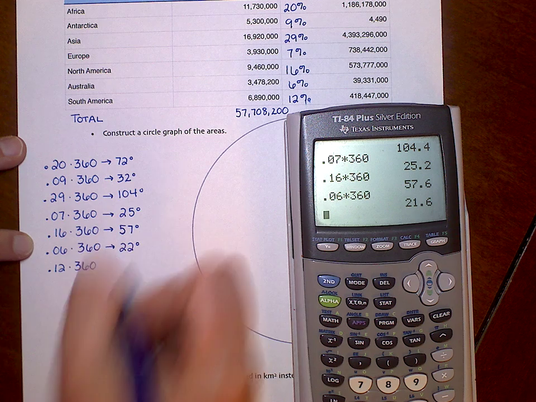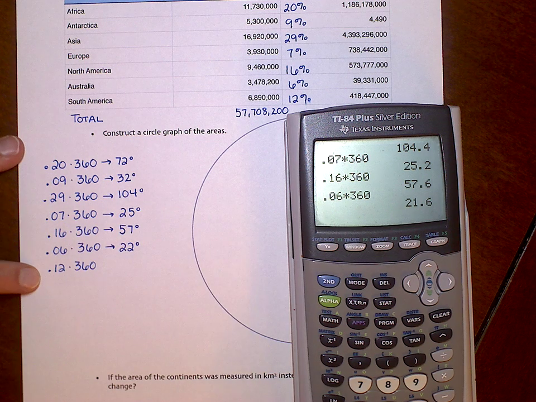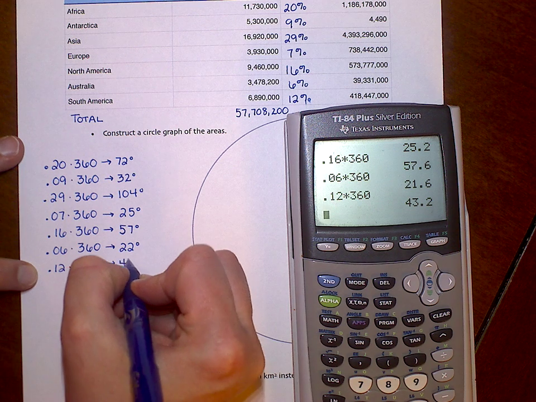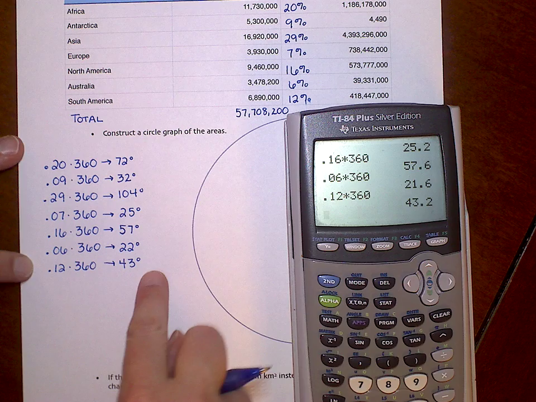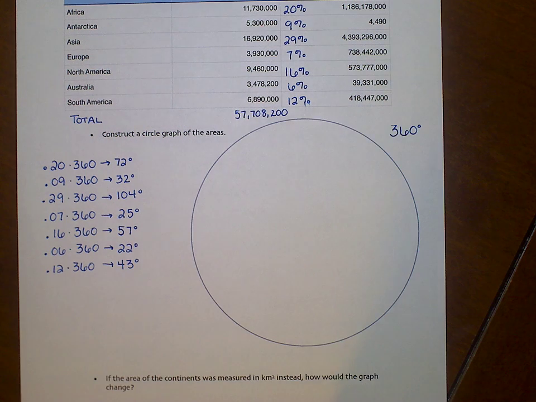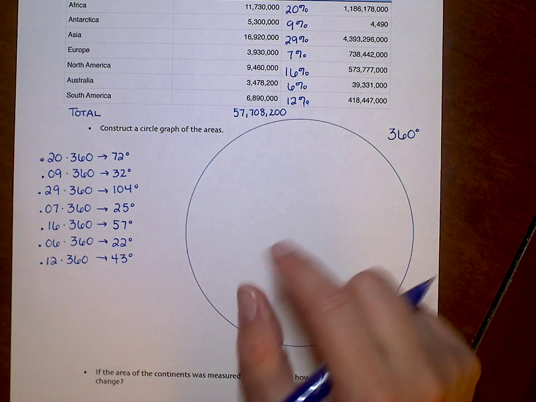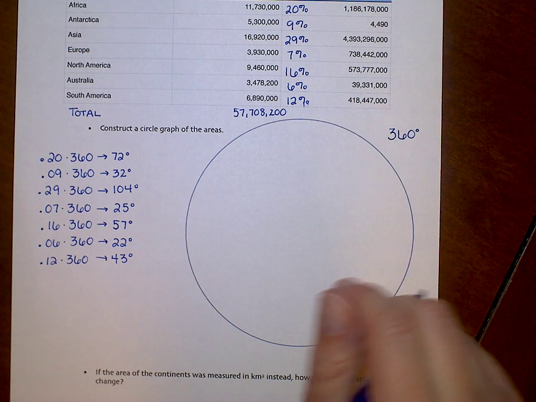I'll break my own rule. I'm going to round that one up to balance with the one I just rounded down. Okay, and so in a perfect world, those degrees would add up to 360. They probably won't because we rounded these decimals and then we rounded again here. So we're probably a bit off from 360.